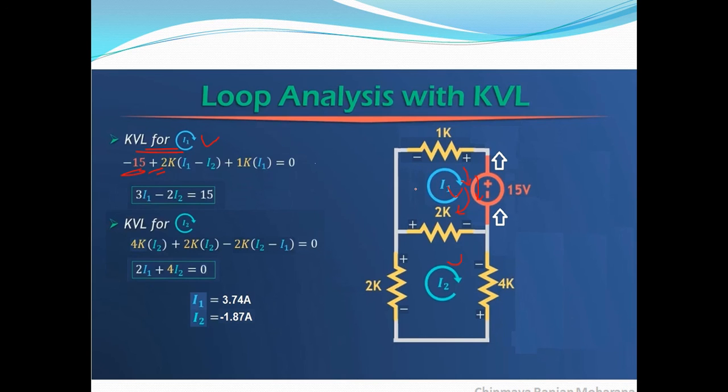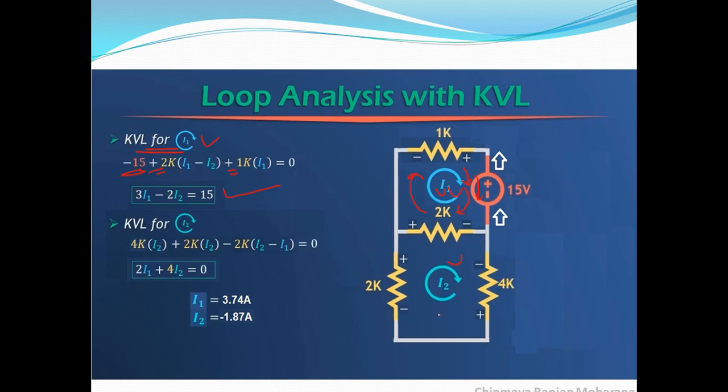For loop 1, I1 will be maximum as per our reference. Next, negative to positive means positive, that means I1 into 1 kilo ohm equal to 0. This will be our expression.